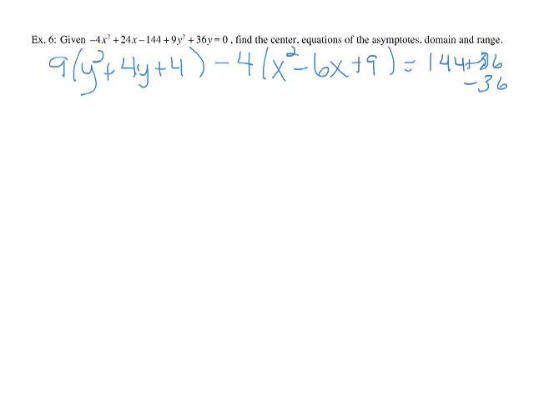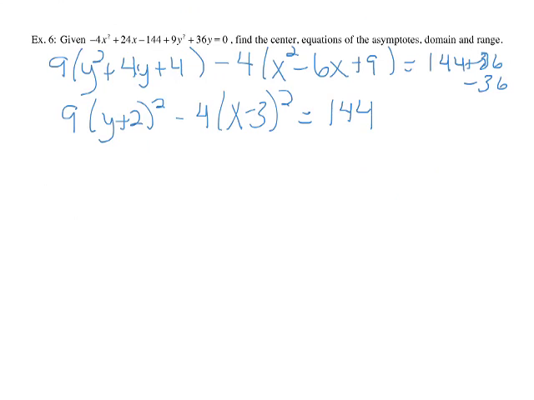How nice. So now I get 9 times (y plus 2) squared minus 4 times (x minus 3) squared equals 144. So now I divide everything by 144. And it sure would be nice if those went in evenly, and they do.